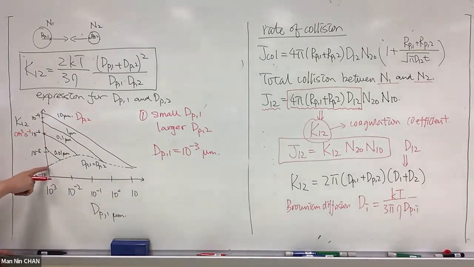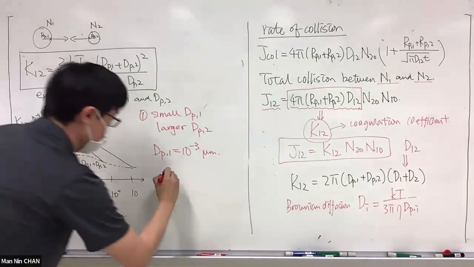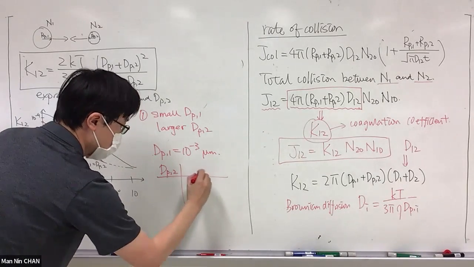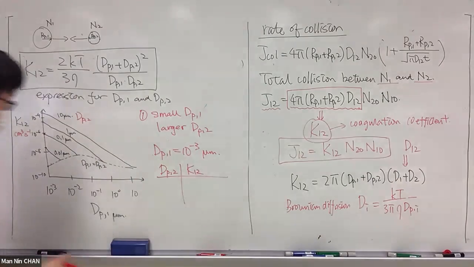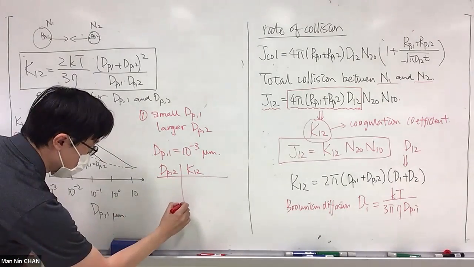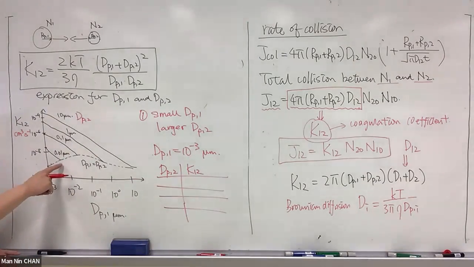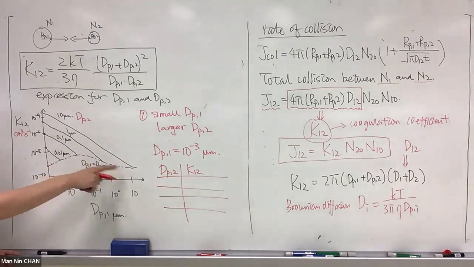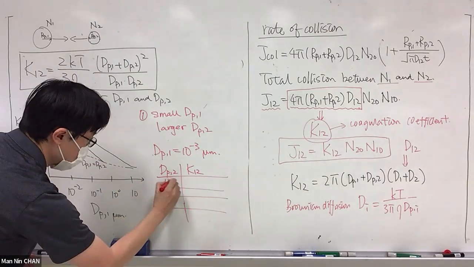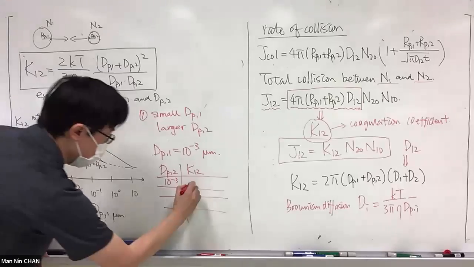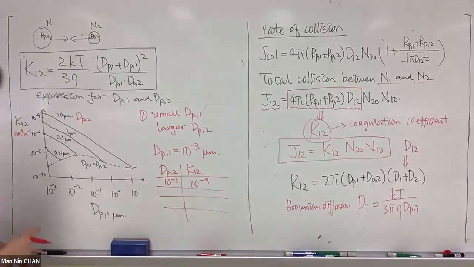If I change my dp2, now this is my dp2 size, and this is the K12. If my dp2 has the same size, say 10 to the power minus 3, the value here maybe you can say 10 to the power minus 9.